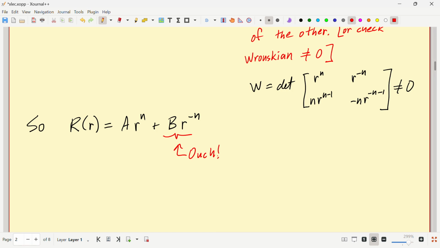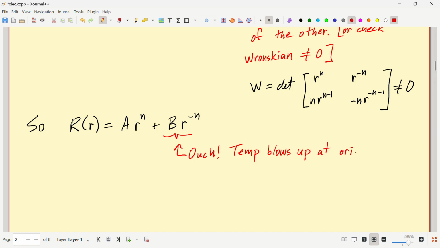That would make my temperature hotter than hell, or maybe too cold. So the temperature blows up. These constants could be negative, so it blows either up or down. Temperature blows up at the origin.